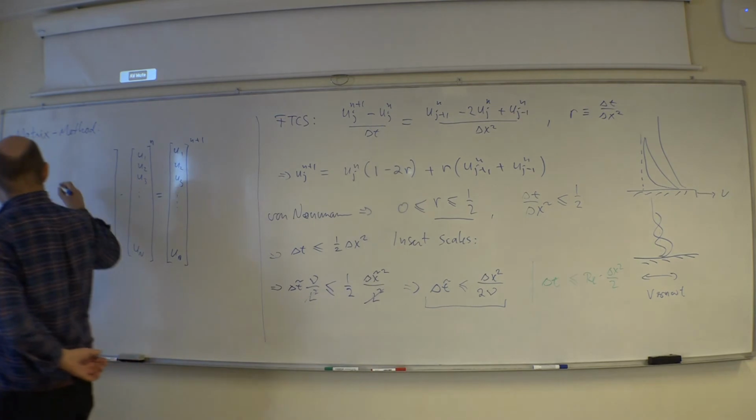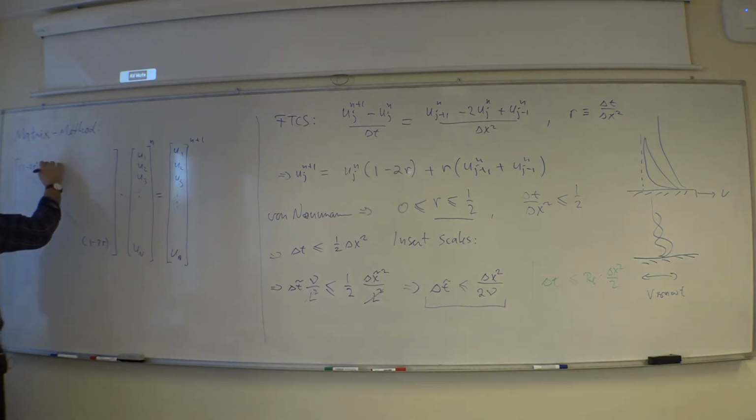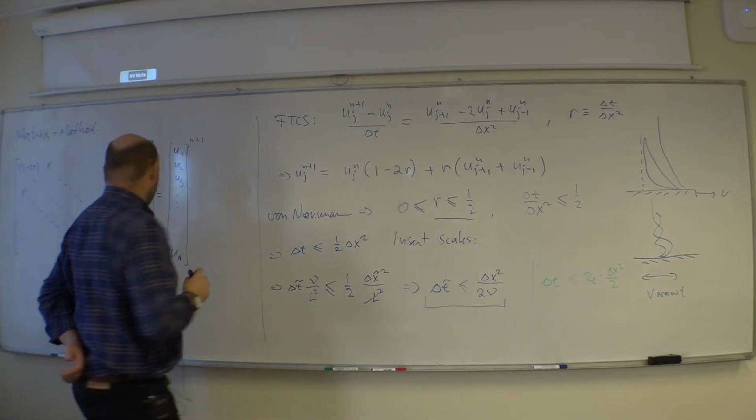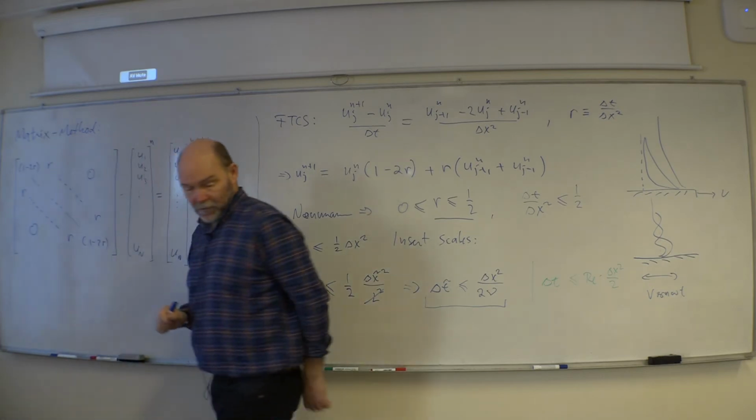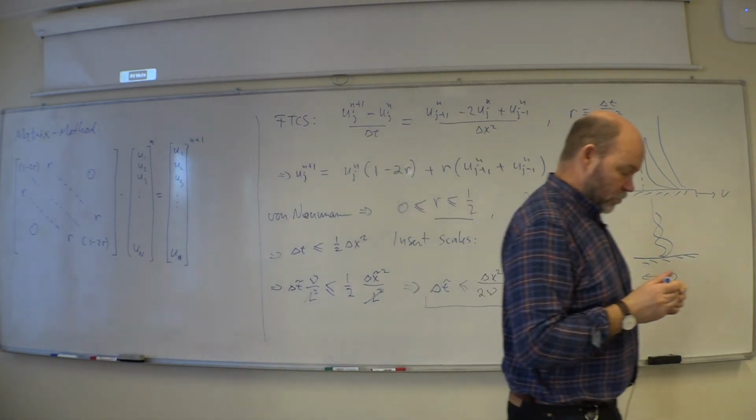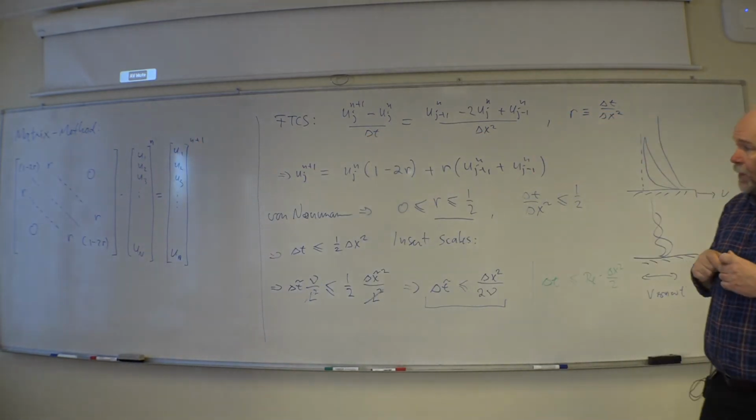So here you will have one band of r, all the way down here, and also down here, and r all the way down here. That will be roughly your equation system, and then the rest is zeros. So for a 1D case, it will be a very nice 3-diagonal matrix.